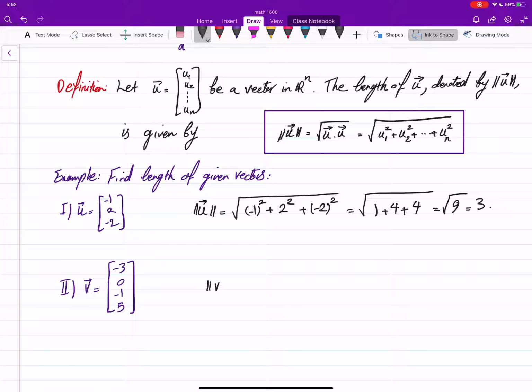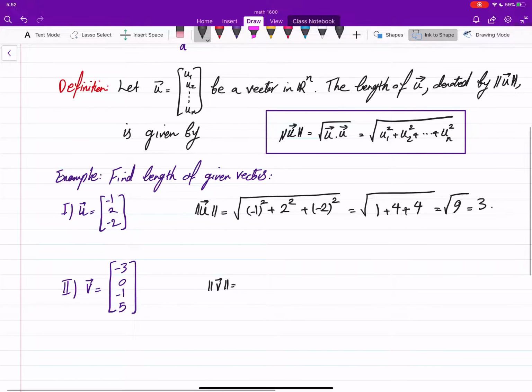The second one, the length of v: it doesn't matter how many components we have, the definition is the same thing. Square root of v dot v. Depending on how many components we have, we add the squares of those components and then find the square root to find the length.